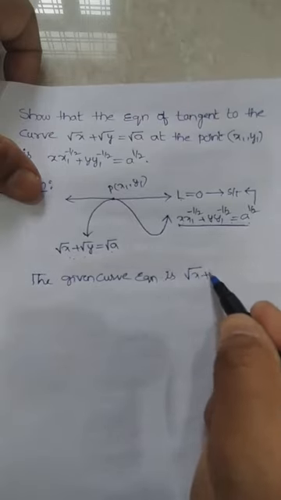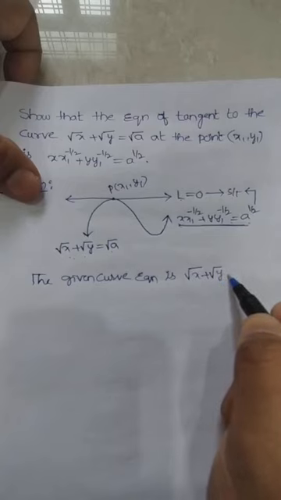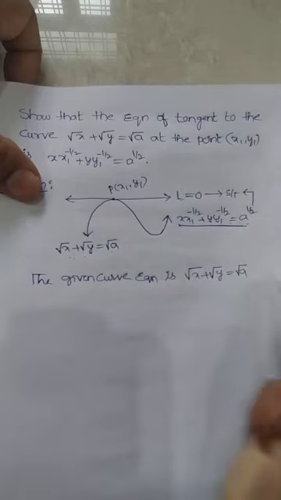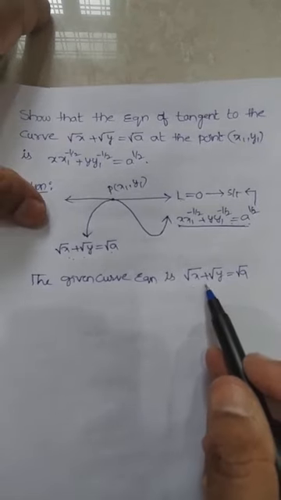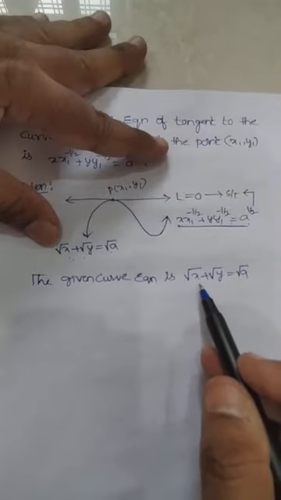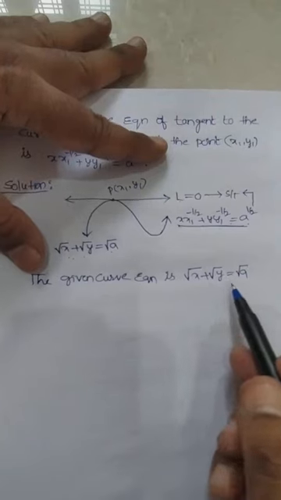Root x plus root y is equal to root a. To find dy by dx, I will differentiate this equation with respect to x on both sides.